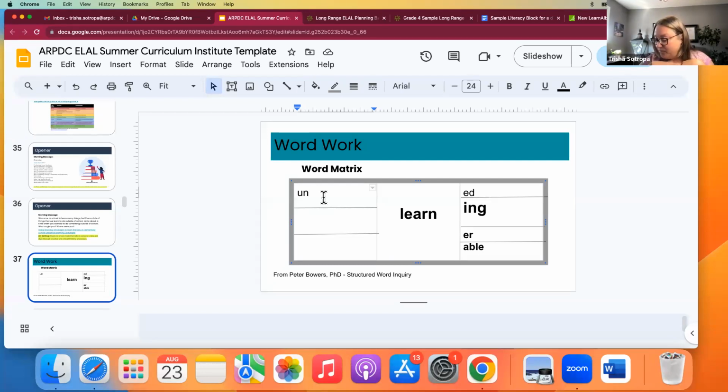And are there any other prefixes that we might use? What if you learned something and then forgot it, then had to be taught it again? Well, we might come up with relearn. So then underneath we would put that new word as well.